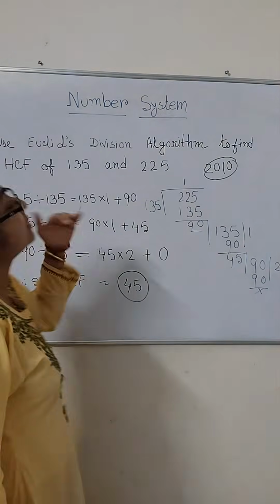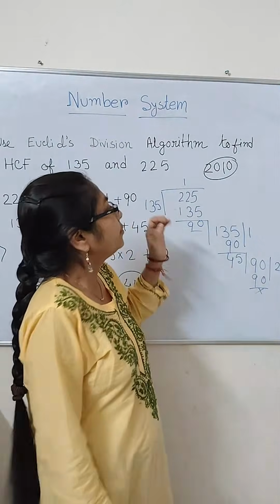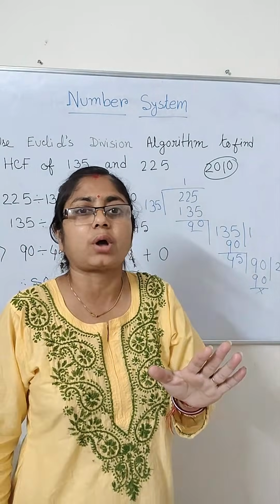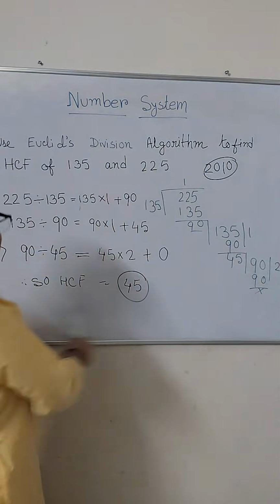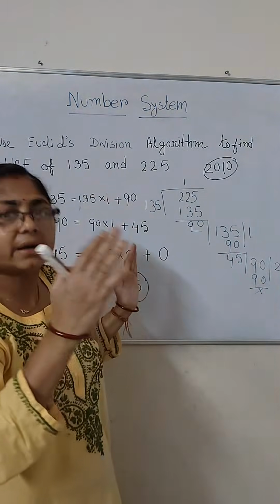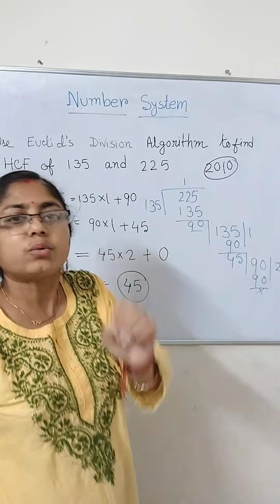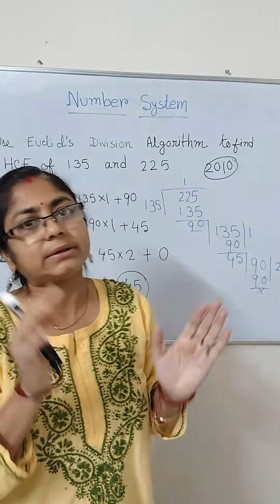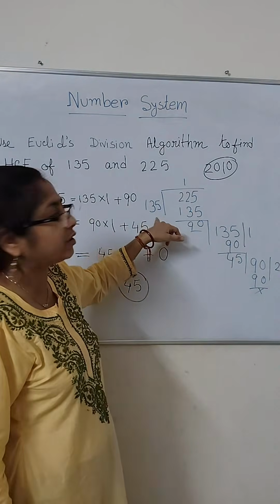Euclid's division comes in class 9, 10, and in the board also, many times. What's the method? The normal division method. But what's the difference? The difference is the writing pattern. You first do it by normal division. You divide the bigger number by the smaller one. I do the first step: 225 divided by 135.